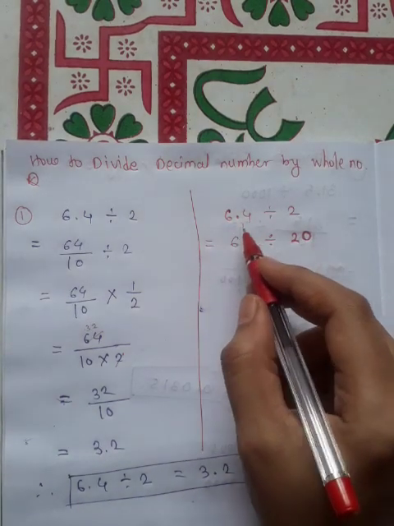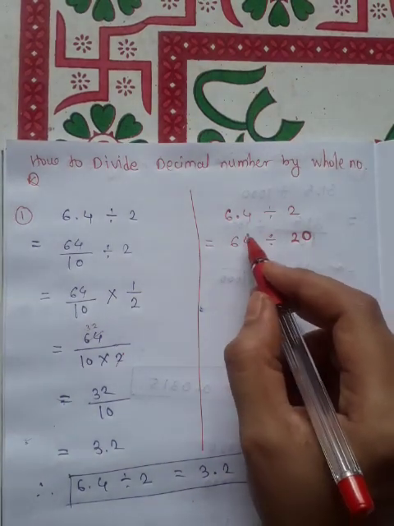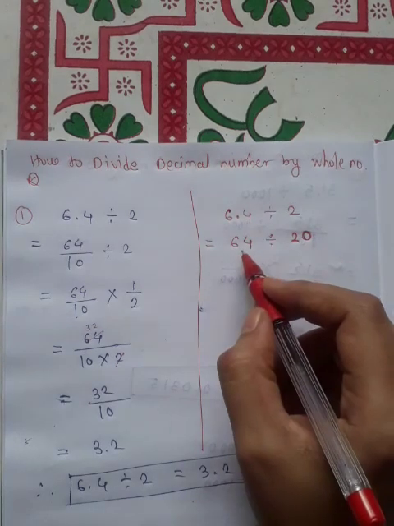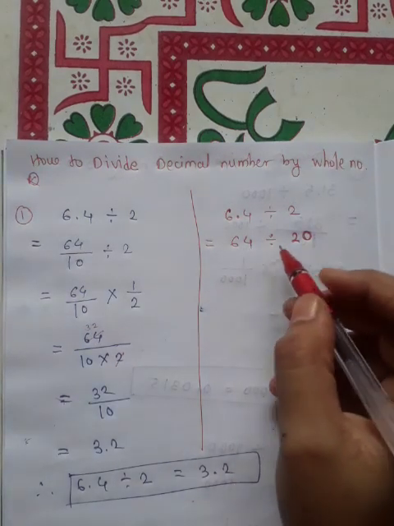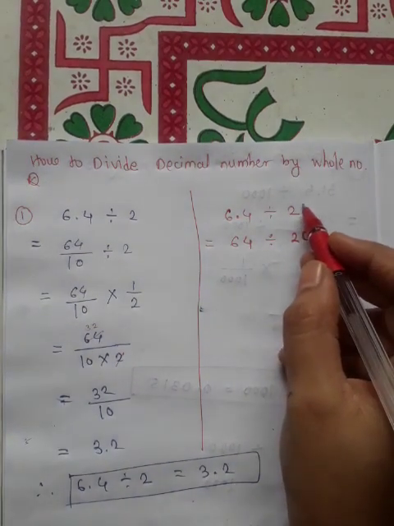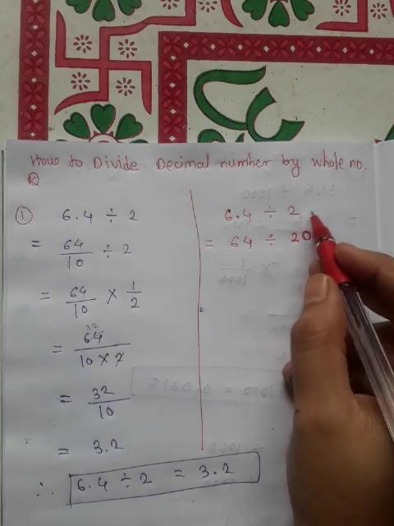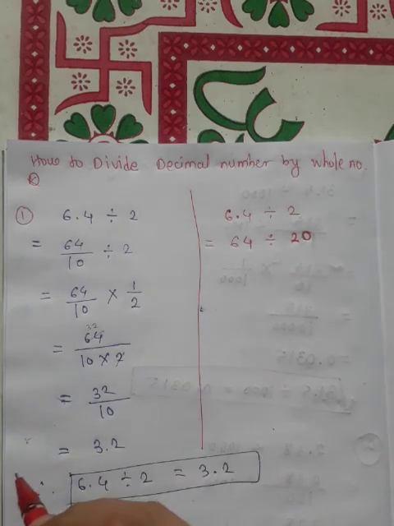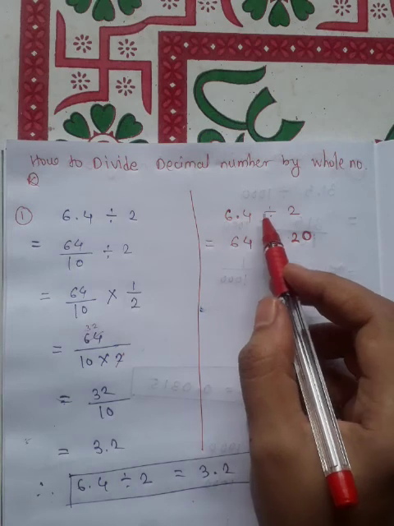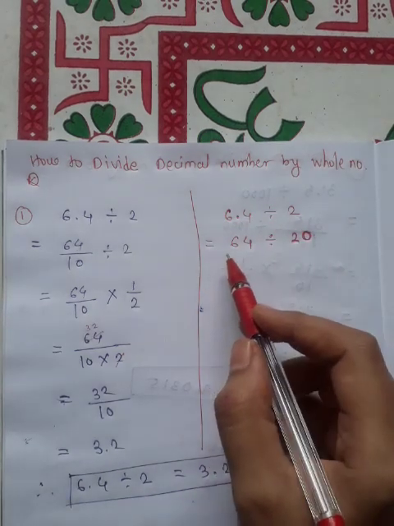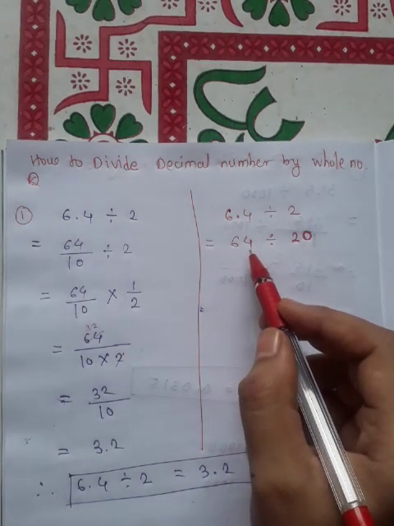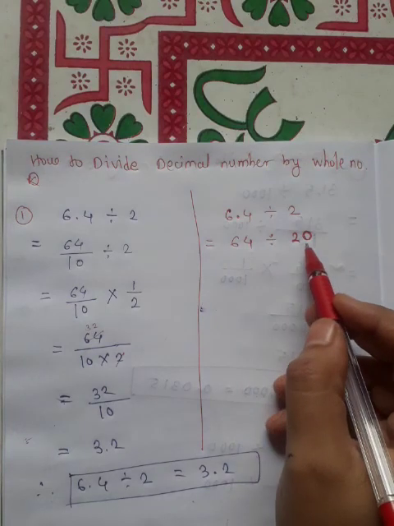So this decimal sign gets removed. 6.4 becomes 64, and there will be a 10 in the divisor. Means 6.4 divided by 2 is nothing but 64 divided by 20.